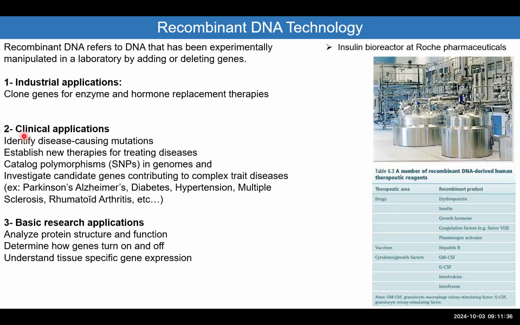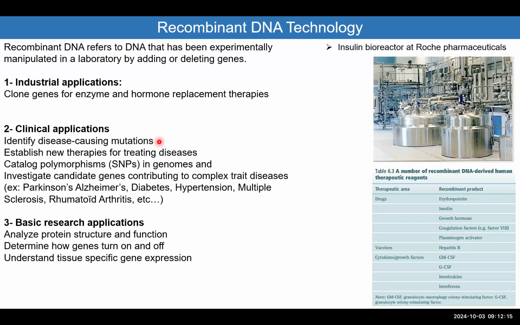We can identify which genes cause diseases by working with recombinant DNA technology. In other words, if the gene is mutated in a human and we detect that a population of humans gets a mutation while other people don't, and those people who have the mutation have a certain disease, then we can link that mutation to the disease. So we can isolate that gene, look at what the mutation does, and all this.